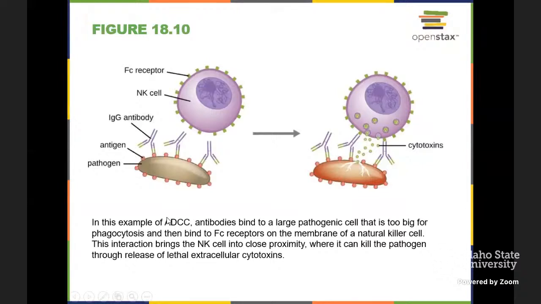So the next bit we see with our IgG is antibody-dependent cell-mediated cytotoxicity. So we need to have those antibodies, all right? In this case, we talked natural killer cells before, and natural killer cells can function on their own without recognizing antibody.